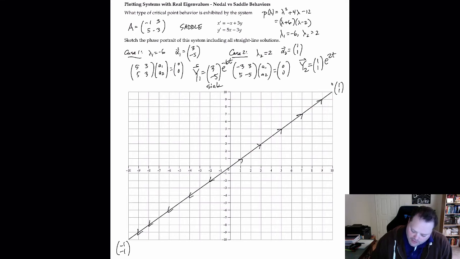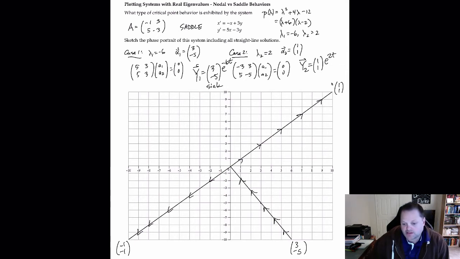Similarly, the other vector is 3, -5. So 3, -5 right there. Close. So there's 3, -5. Remember, this one over time gets closer to the axis because it has the negative eigenvalue. And its opposite would be -3, +5, right?